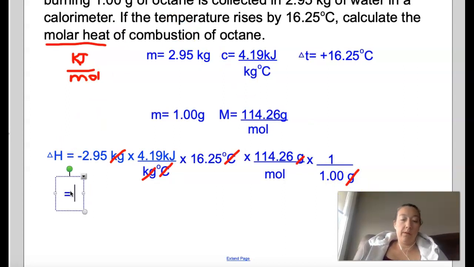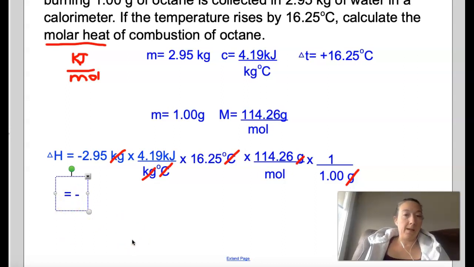Okay, so negative 2.95 times 4.19 times 16.25 times 114.26, and then divided by 1, we get a really big number. I am going to switch over to scientific notation.